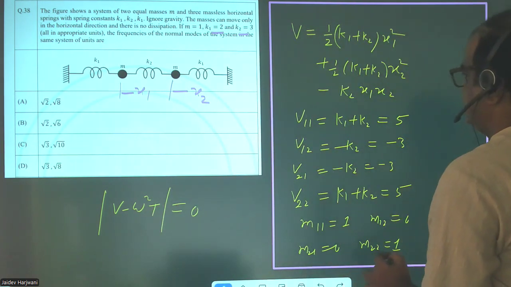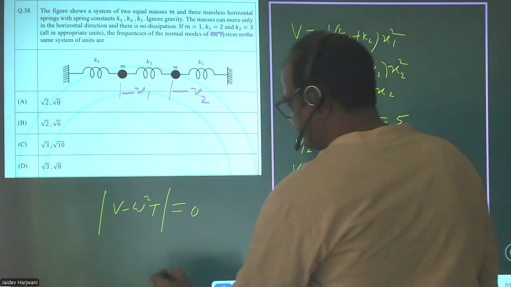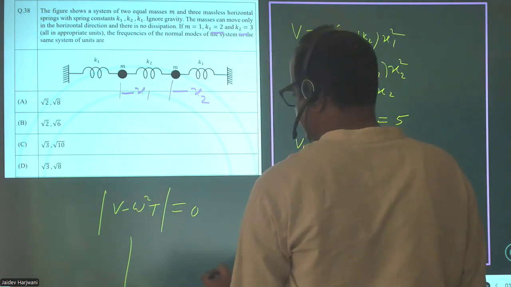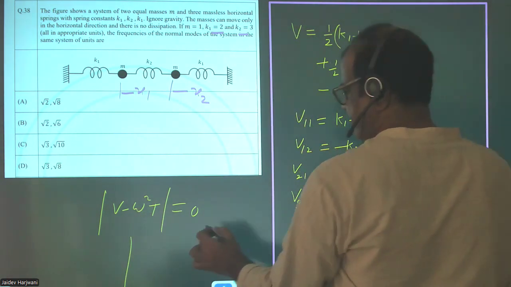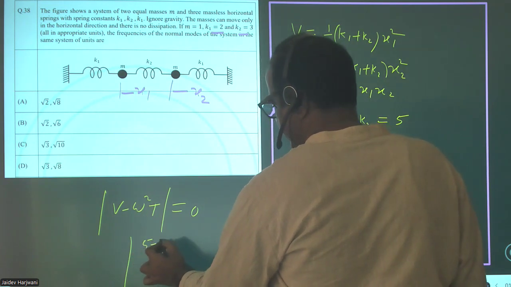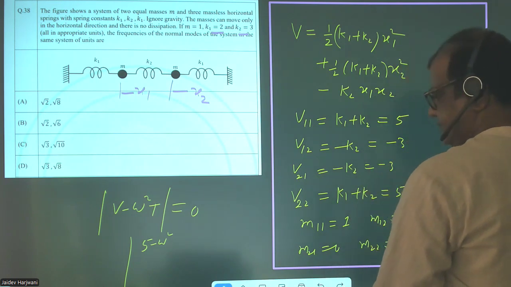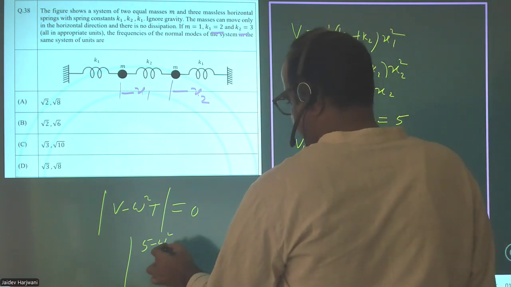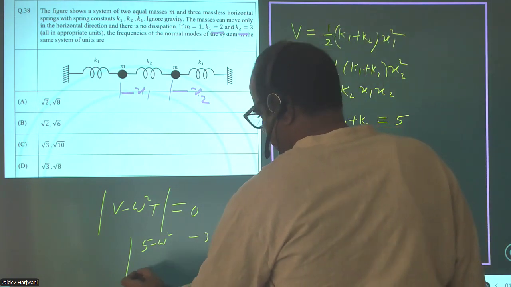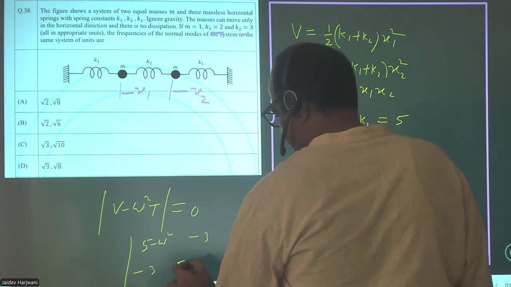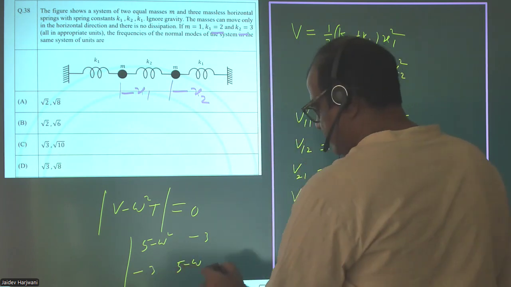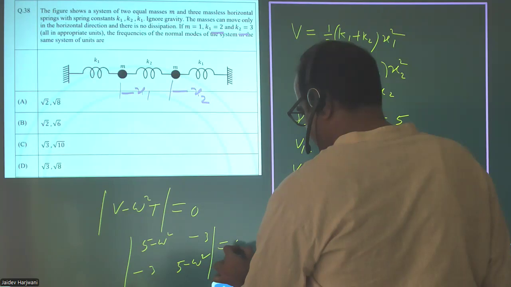Okay, so this gives me 5 minus omega square, m is 1, and then similarly minus 3, minus 3, 5 minus omega square equals 0.